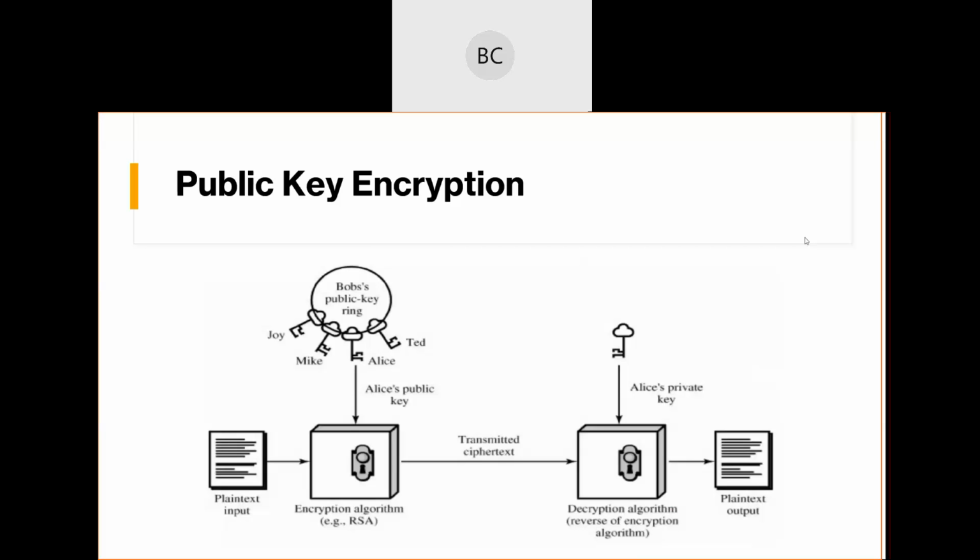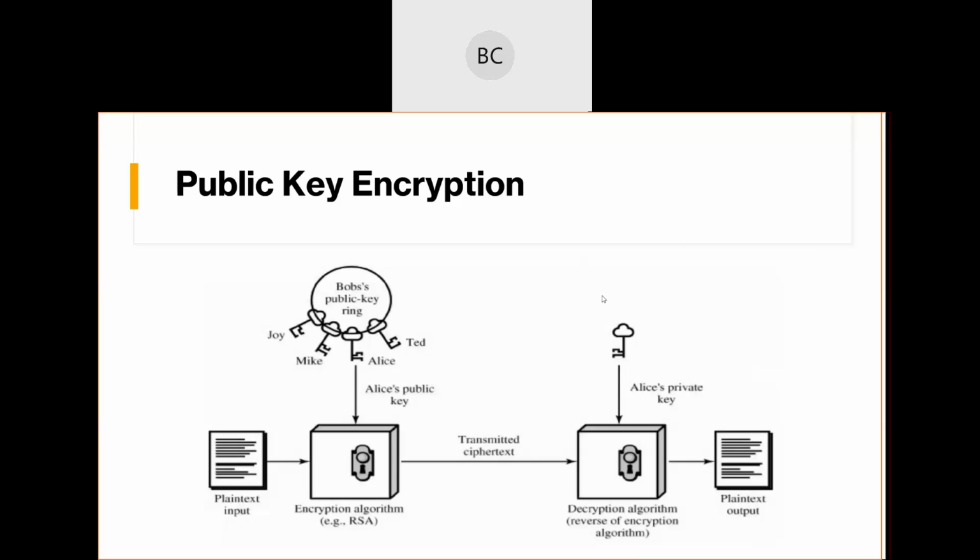The key meant for Alice will be used for the encryption. Then Alice will decrypt the message with the help of the private key only. So Bob can maintain many public keys, each meant for different users, and the intended user will only use their own private key to decrypt any message.